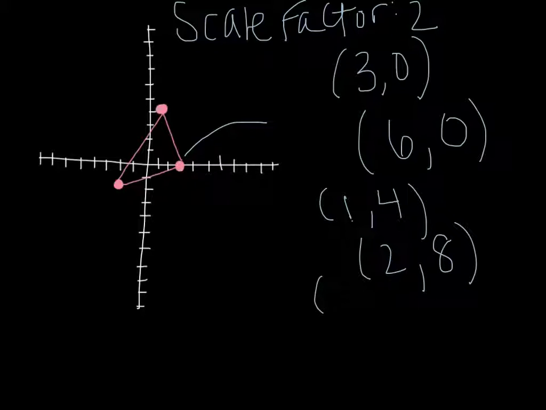And then I've got that last point in the shape, which is at -2, -2. So 2 times -2 is -4, and then 2 times -2 again is -4. So now I'm going to put those 3 dots on my graph, and then at -4, -4, and my last point at 2, 8.